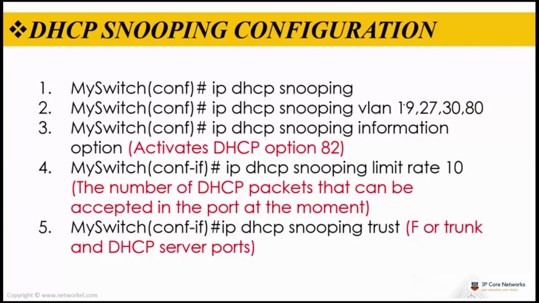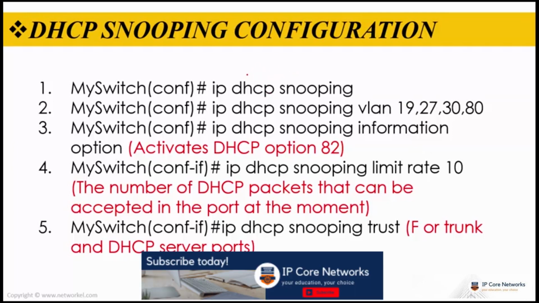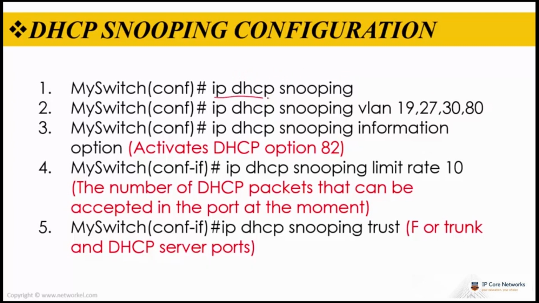And here's how we can configure the DHCP snooping. First, we need to activate the DHCP snooping in global mode by using the ip dhcp snooping command. Second, we need to select the VLANs where we want to implement the DHCP snooping. Then we need to activate the DHCP option 82 by using the ip dhcp snooping information option command.